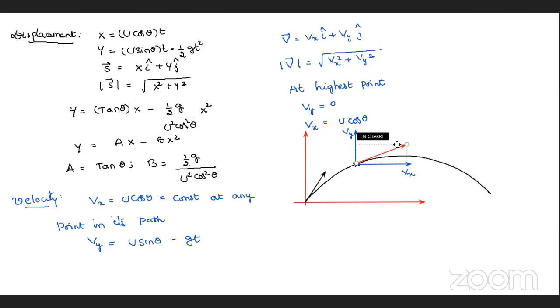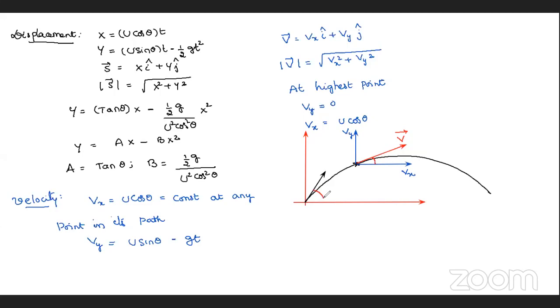That tangent represents the direction of velocity at that point, that is v bar. That v bar makes how much angle with the x-axis?